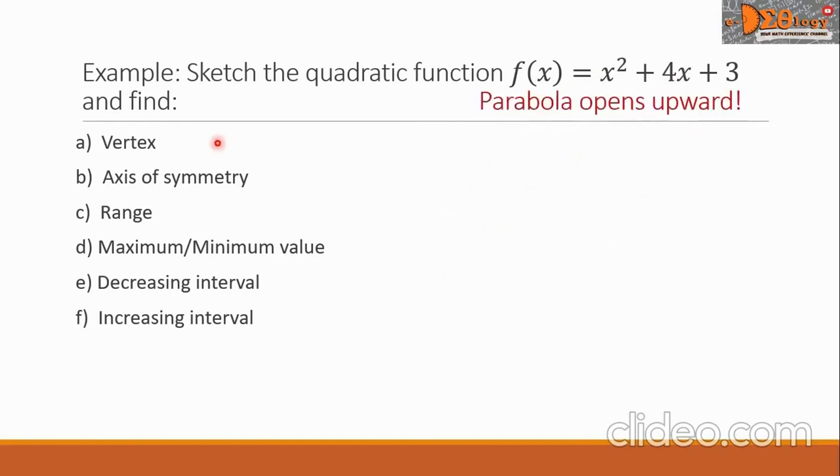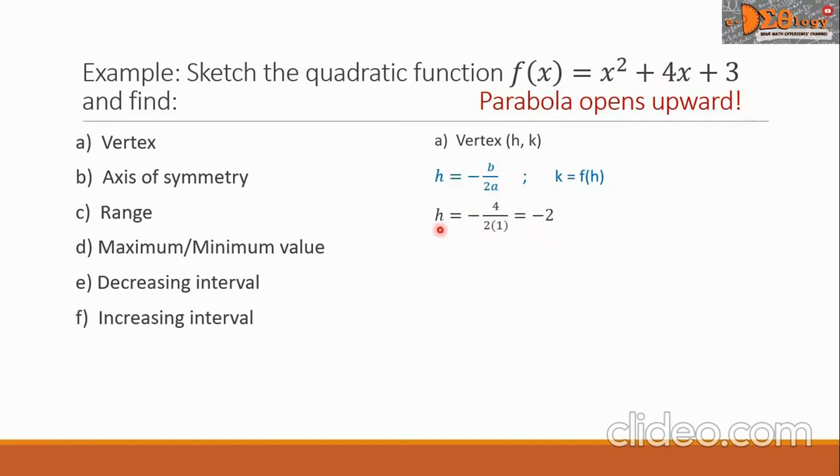Now let us start calculating the vertex. We have the formula for the vertex. For the h is equal to negative b over 2a. Let us substitute the values. For the b, it is 4, and for the a, it is 1. So let us simplify this, negative of 4 over 2 times 1, and we have the answer negative 2.